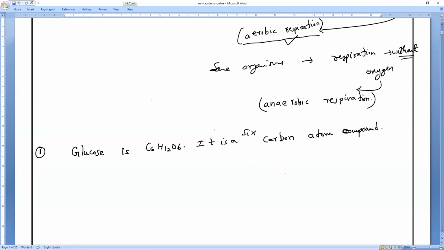So now you remember, it is the simplest food which is oxidized in the cells of organisms during respiration. That is the first point you have to remember.